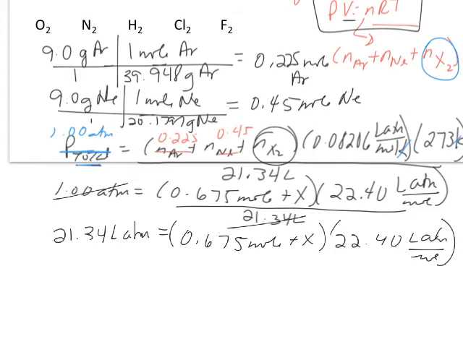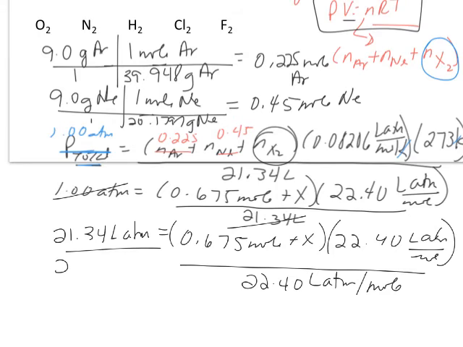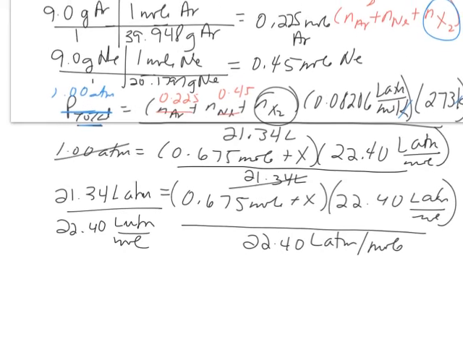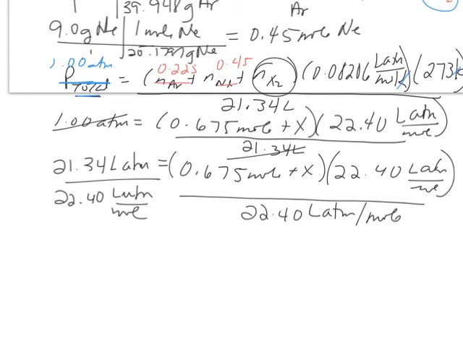And then I divided both sides by 22.40 liters atmosphere per mole. So let's do that. I cancel out my terms here. So liters atmosphere cancels out and we're left with moles.